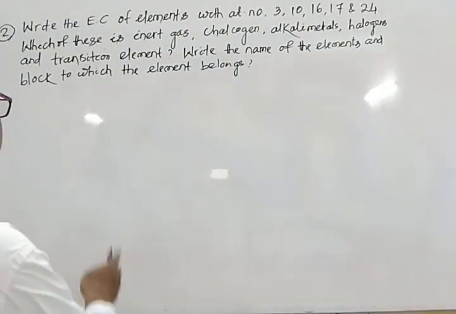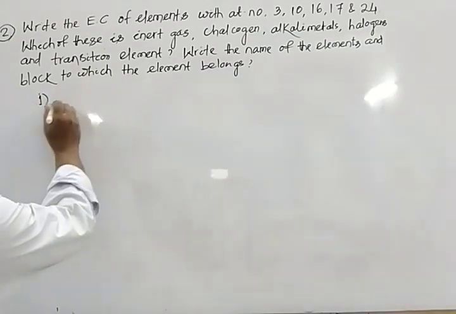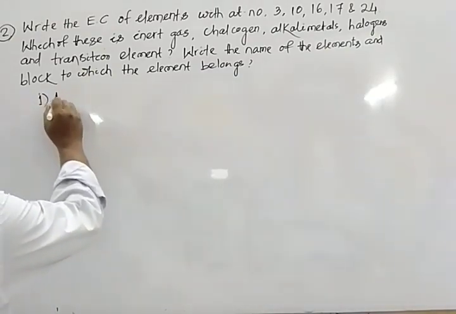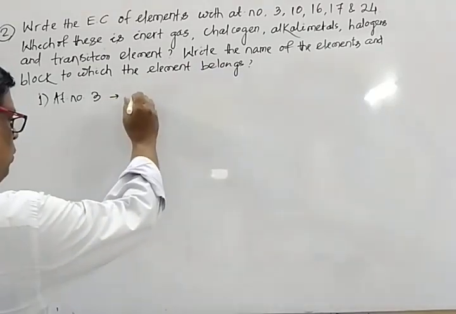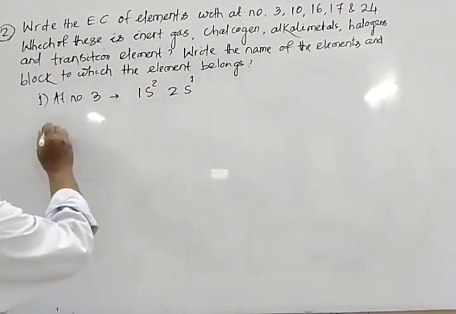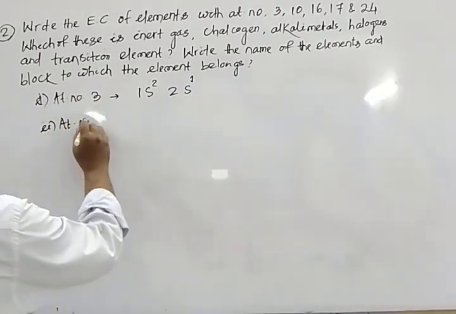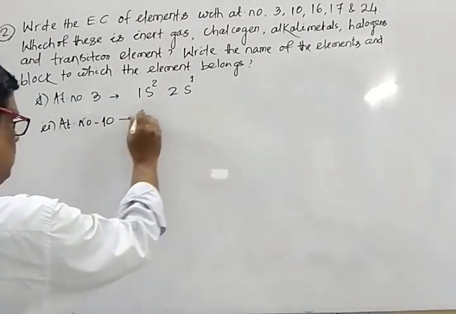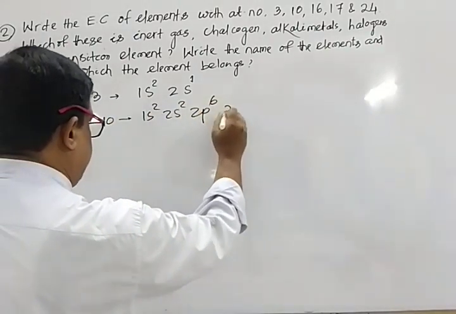Mark that. First one is atomic number 3: electronic configuration 1s2, 2s1. Second one is atomic number 10: 1s2, 2s2, 2p6.